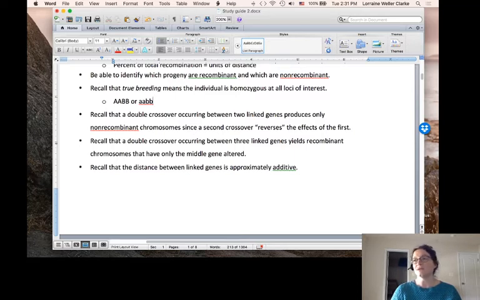It can only produce recessives when crossed, and so this is why we normally use this. This is what's used for the test cross, because it can only produce recessives. So we know which recessives came from the test cross parent. We're trying to find out which recessives or dominant came from the not test cross parent, the parent of interest that we're trying to look at the distance between linked genes.